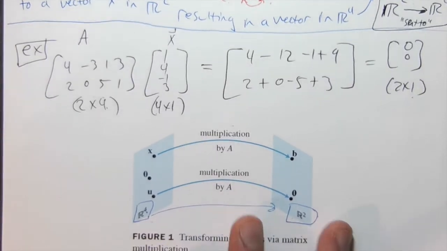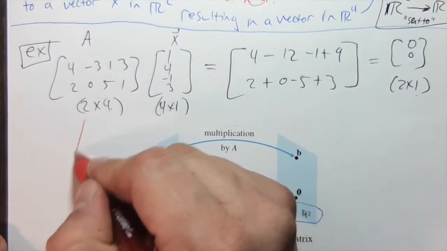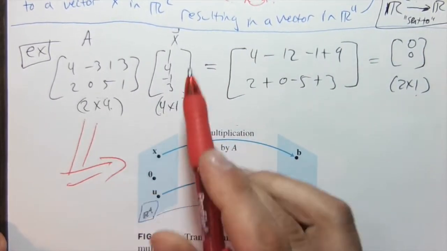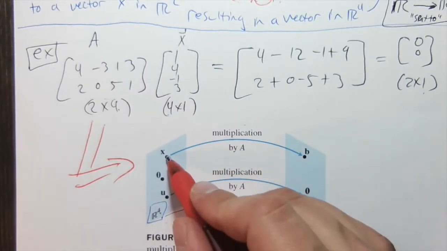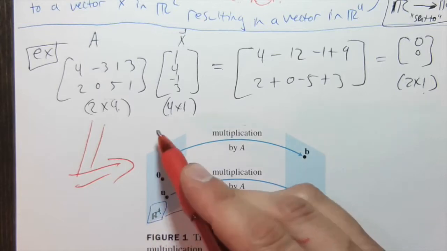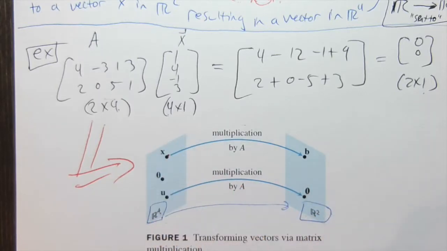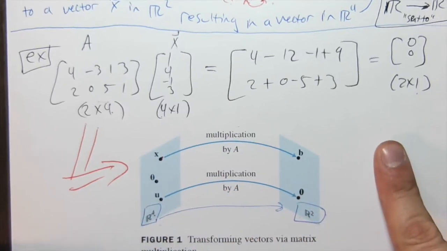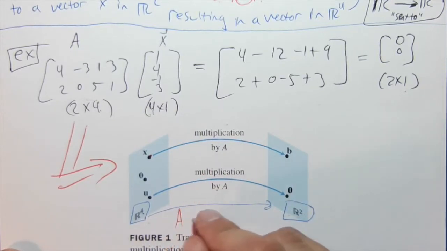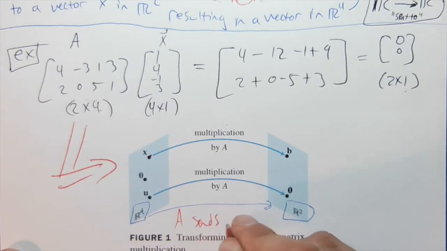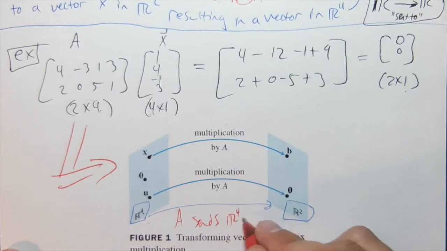And so this is visually this example right here, where here are vectors that live in R4. We can't really visualize it, but we're thinking about them as living in that box. And multiplication by A is sending them to vectors in R2. And so in this case, A sends vectors from R4 to R2.